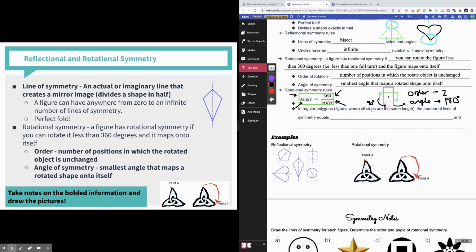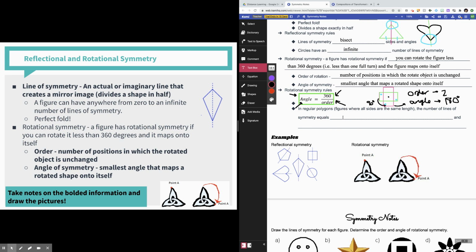And then there's one other rule that's just kind of neat, which is in regular polygons. That's like squares or equilateral triangles or pentagons, octagons, hexagons. Regular polygons are figures where all the sides of that figure are the same length.